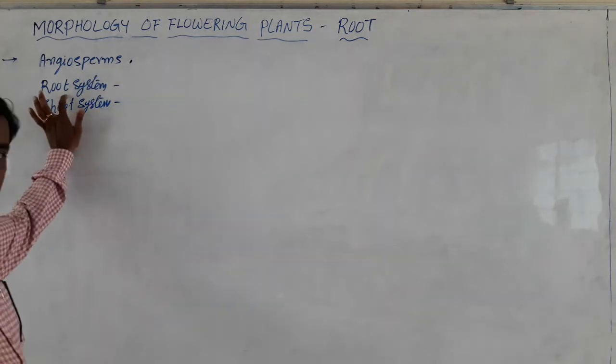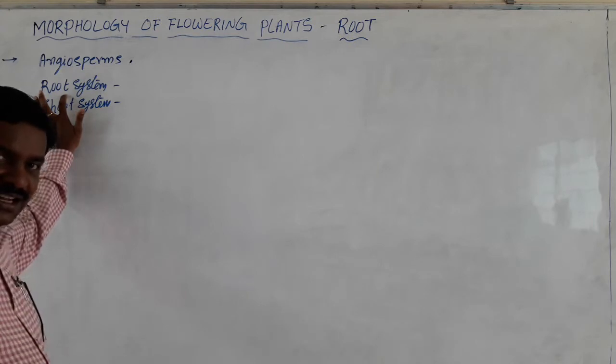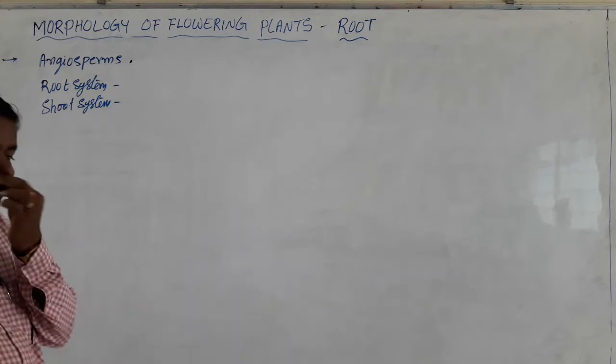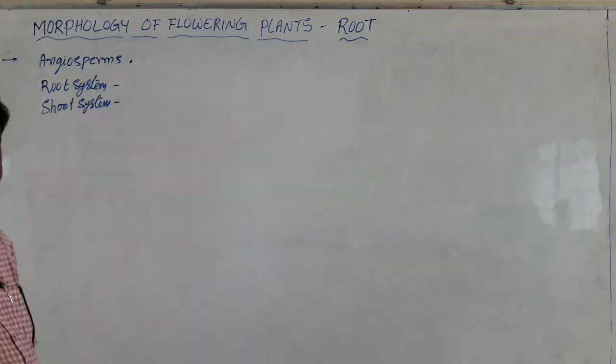The part of the plant present internal to the ground, inside the soil, is called the root system.